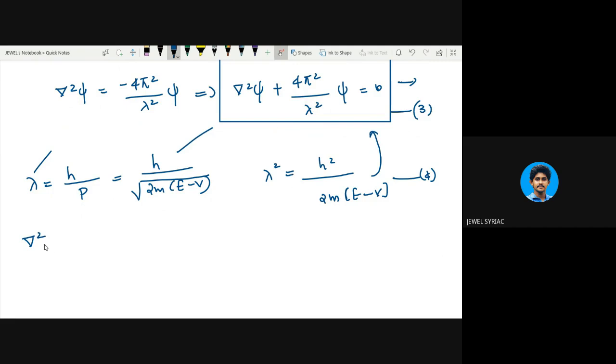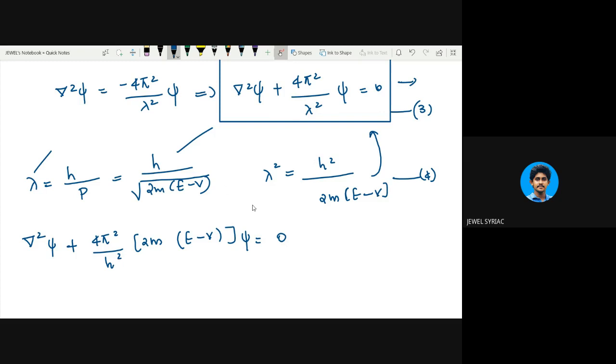So we get del square psi plus 4 pi square by h square into 2m into E minus V, psi equal to 0. Look at this equation. Here we have substituted for lambda square. So what happens?